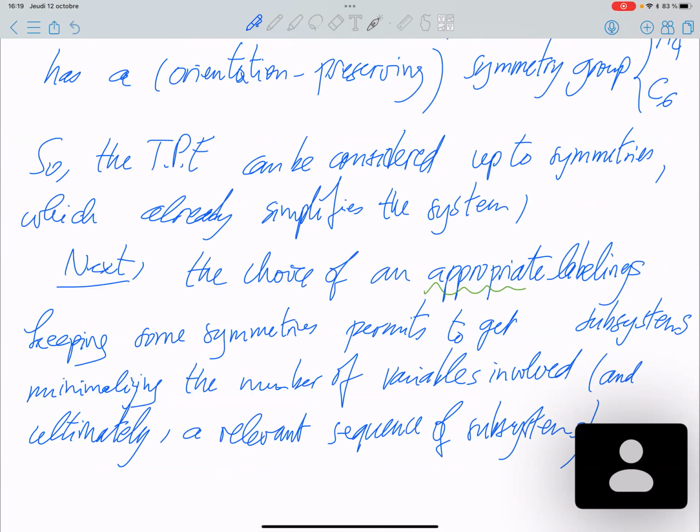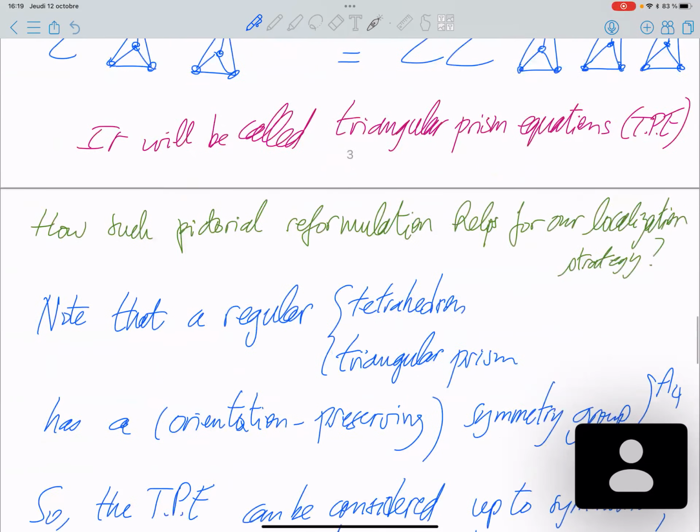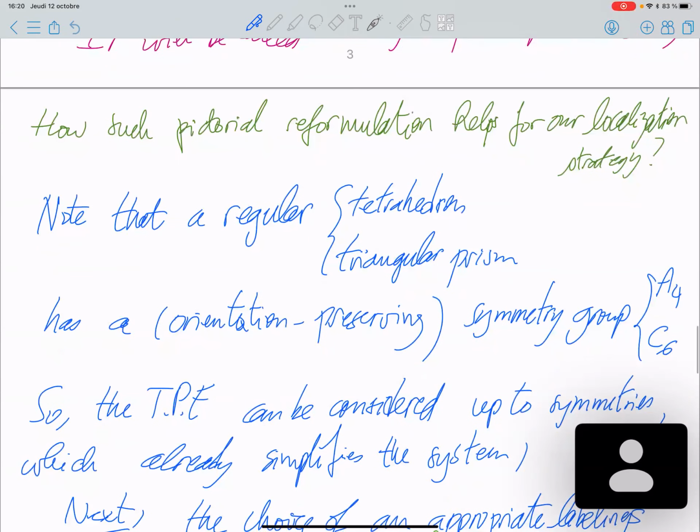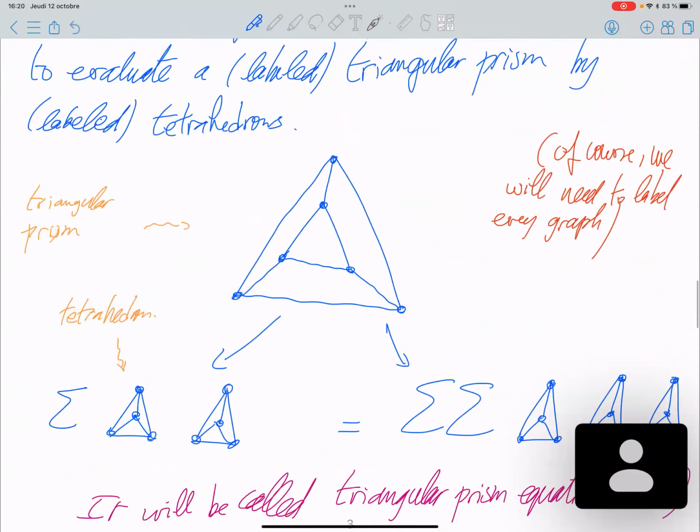Okay, so now I explained how such pictorial reformulation helps for the localization strategy. I provided the idea for that. Now I want to provide the idea of the proof of this TPE equation, how to evaluate in two different ways a labeled triangular prism by tetrahedron.